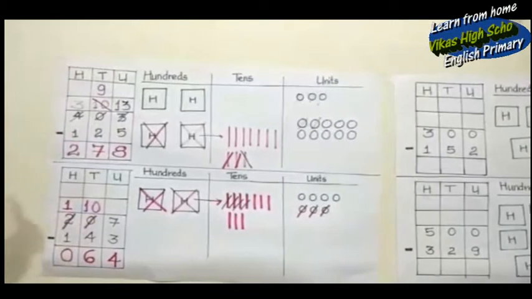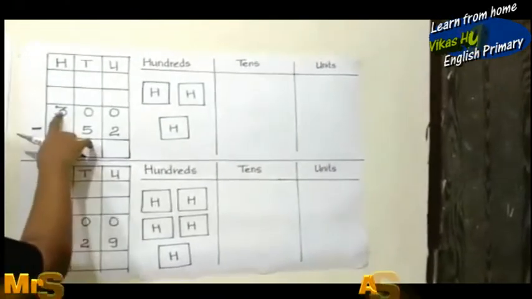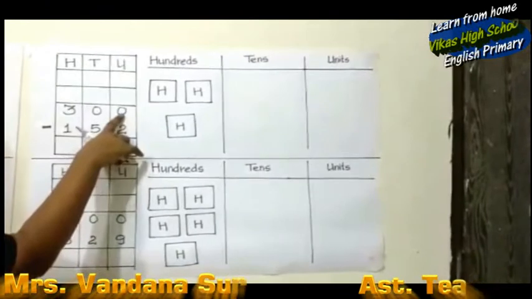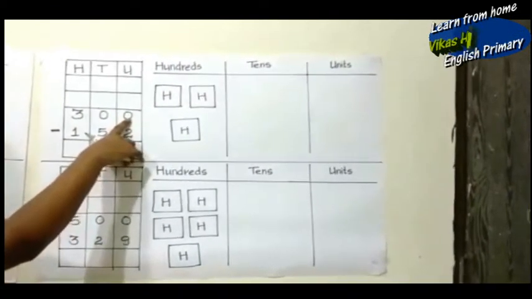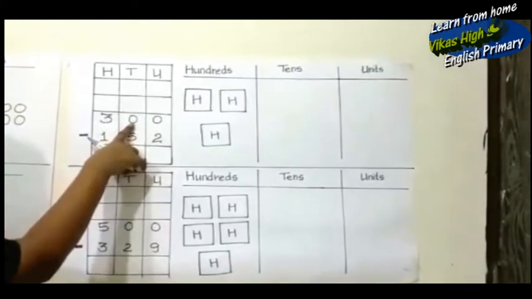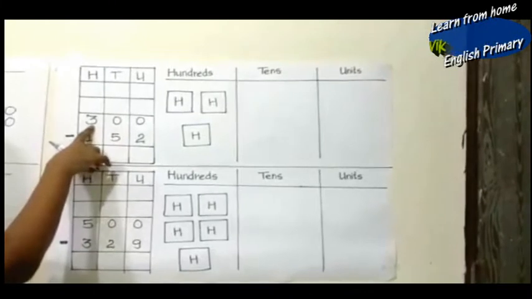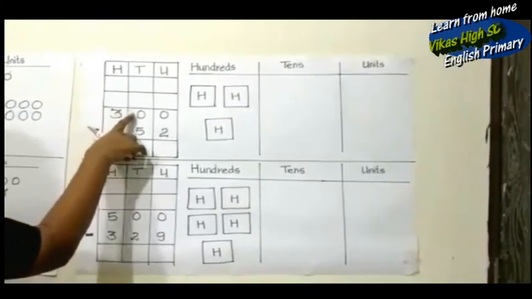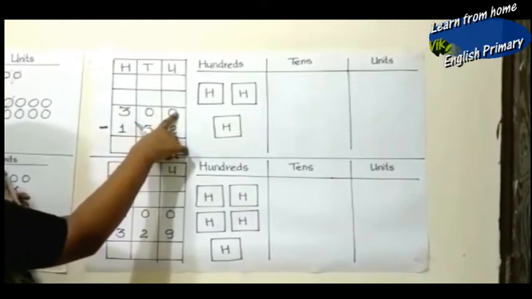Now, let us see the 0 in the units and tens column. Here 300 minus 152. Again, when you start from the units column, we'll see over here 0 is there. 0 means nothing. So when we move on to the tens column, here again 0 is there. 0 means nothing. So we'll move on to the hundreds column. First from the hundreds column, we'll borrow to the tens column, and from the tens column, then we'll borrow to the units column.